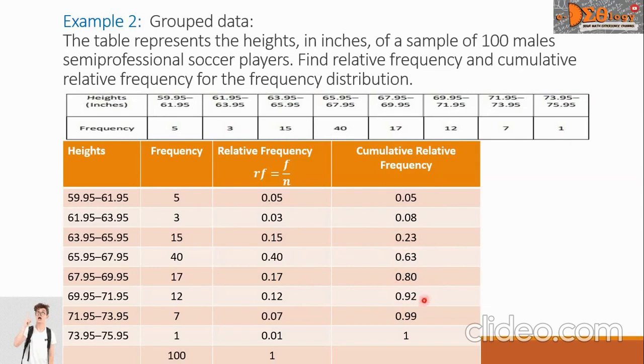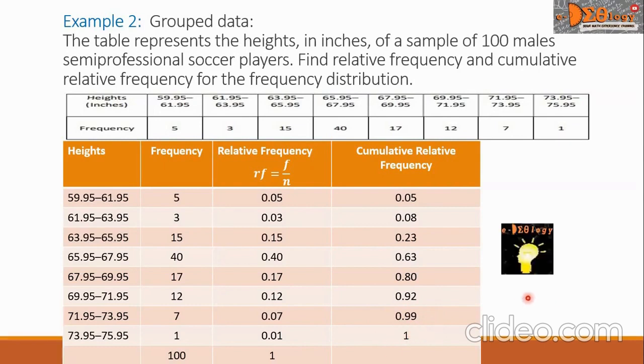The 0.92 plus 0.07 will have the 0.99. 0.99 plus 0.01 equals 1. So this is now the final answer.